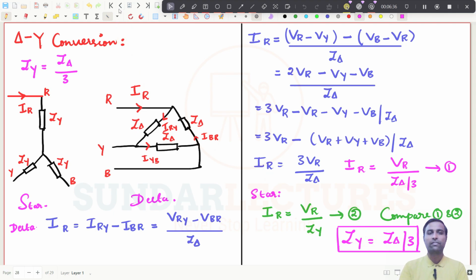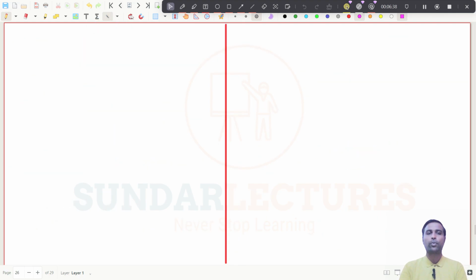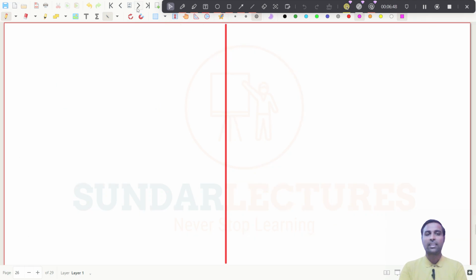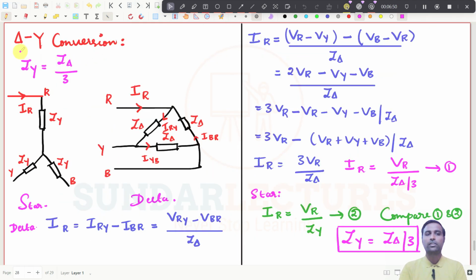What are the topics we have seen today? We have solved two different problems in delta connected loads with the expressions we derived in the previous class, and then we went to star and delta conversions, or star delta equivalence.